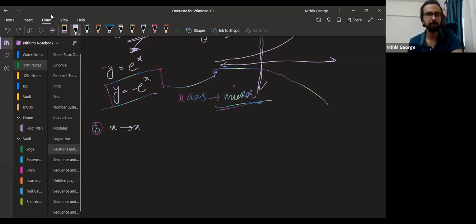Okay, next is x becomes x minus a. What changes? I think you know this already. Shifting of axis. When x becomes x minus a, what happens? You've done conic sections, right? Straight lines, conic sections in 11th.